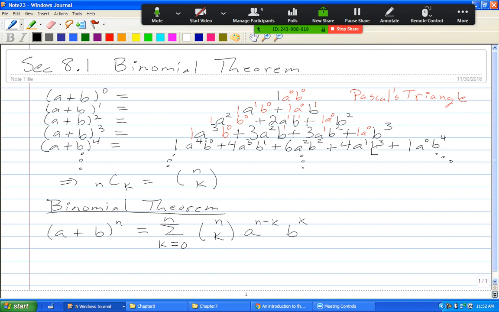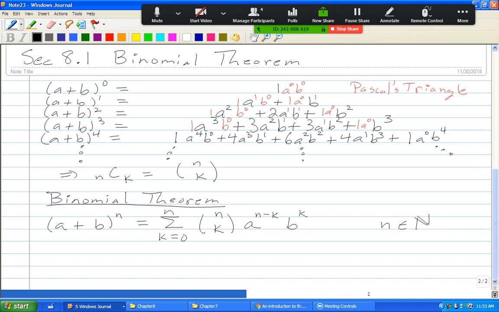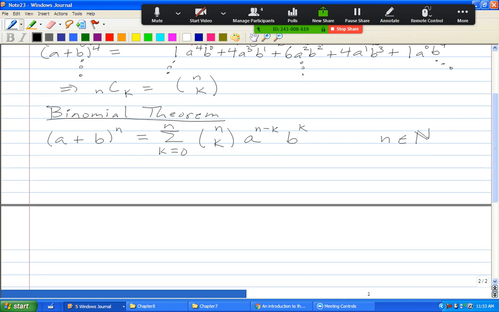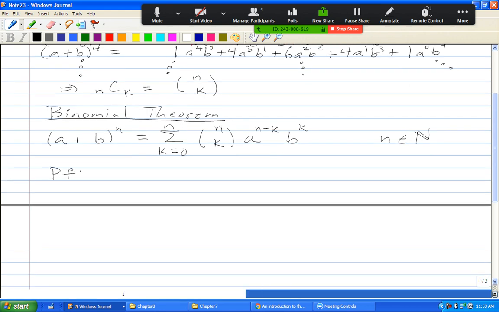And this is for n being some natural number. So let's prove this, and then I'll extend this, and then we'll do some examples.